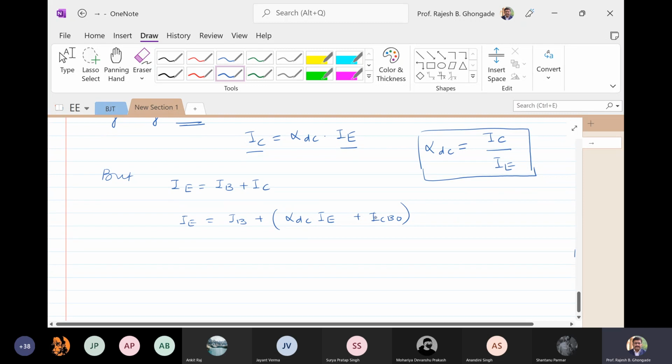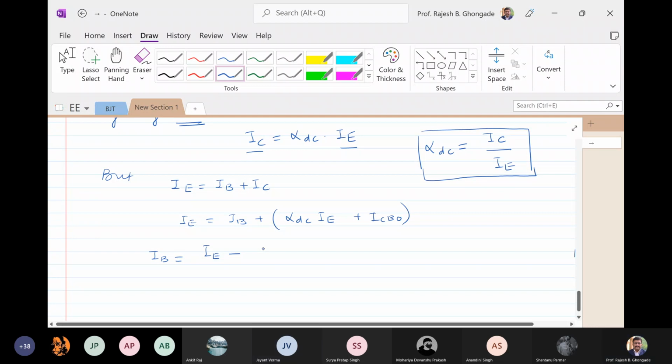अभी मैं ICBO का इफेक्ट नेग्लेक्ट नहीं कर रहा हूं. So I can write IB as, simple manipulation, IE minus alpha DC IE plus ICBO.